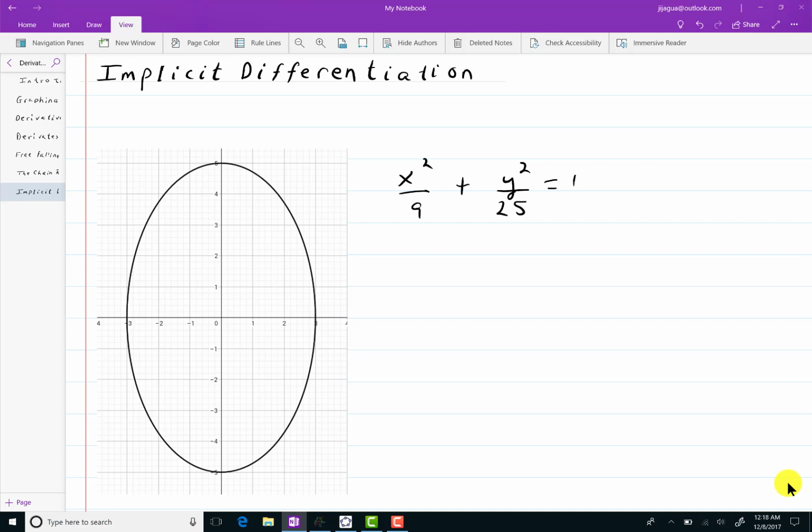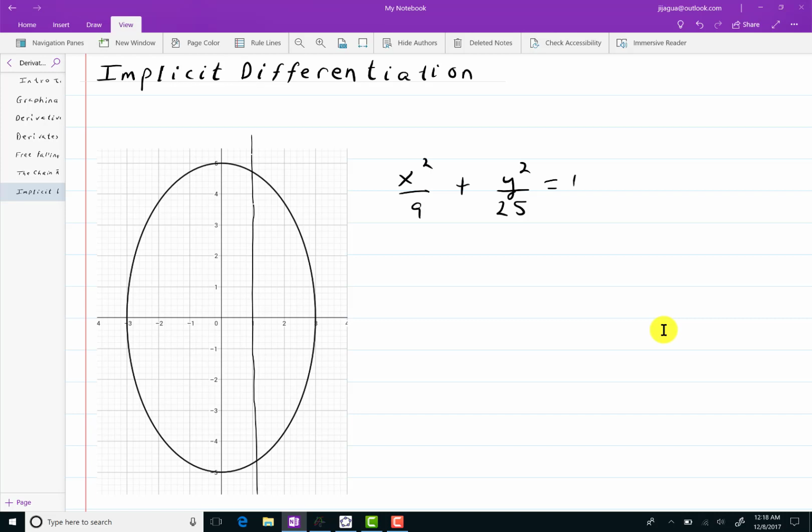If you try to take this equation that I have here, an ellipse with major axis radius equal to 5 and minor axis radius equal to 3, it's not a function. In fact, if I draw a vertical line, you can see there are vertical lines going through there. Let's just follow one of them.